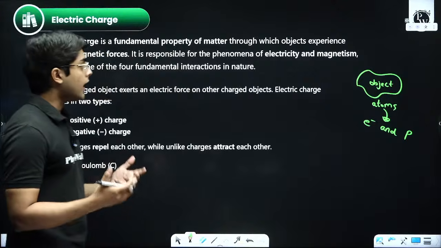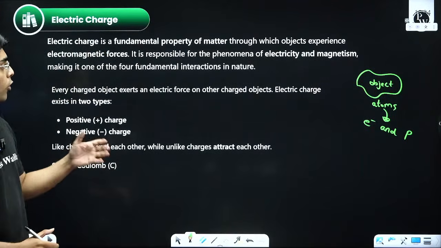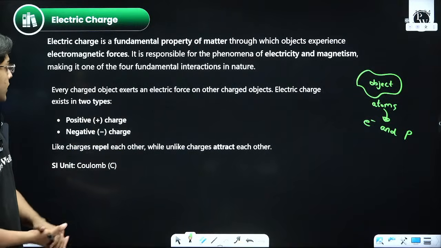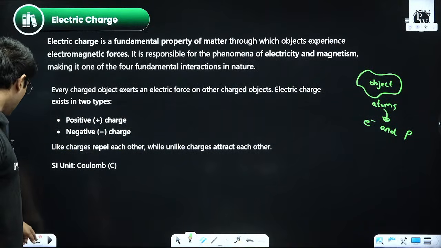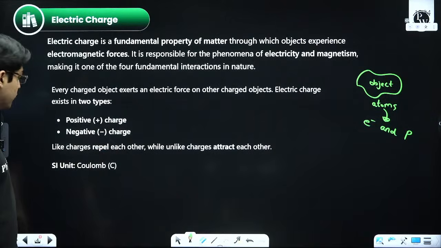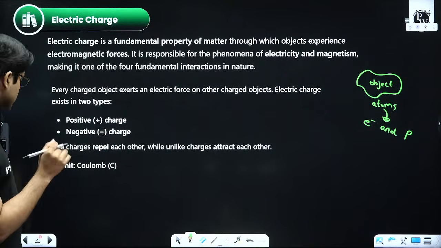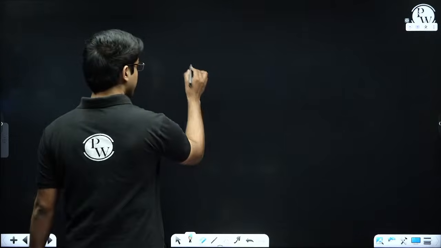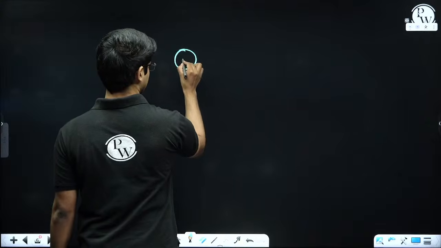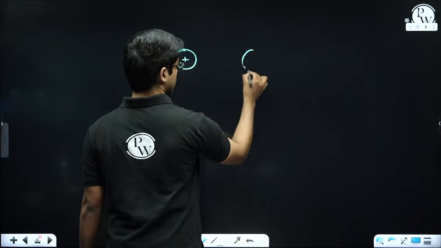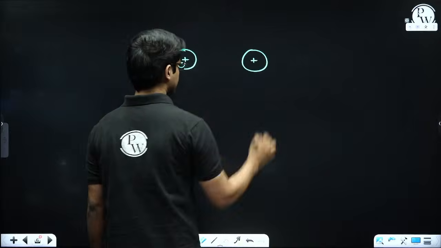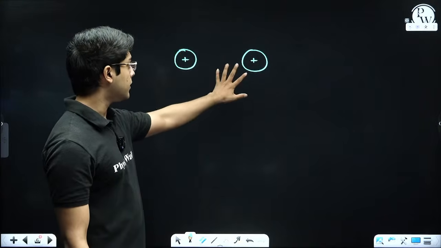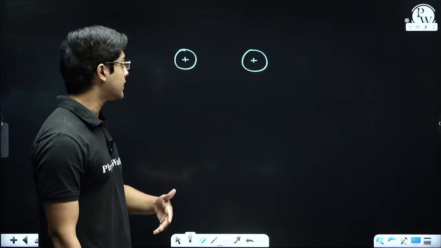But the main idea of charge is that it's a property of matter through which it can experience electromagnetic forces. In the first chapter, we will only focus on electrostatic forces. Charge can either be positive or negative, so an object can be positively charged or negatively charged.